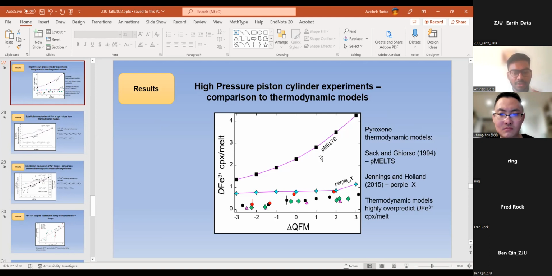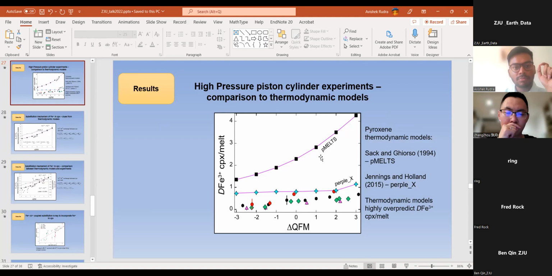Those pyroxenes are very rich in sodium and potassium. So it is based on experiments, but those are very old experiments. I'm not saying they're bad because they're old, but they're bad because they are pyroxenes which are highly zoned, highly sector zoned, and highly rich in alkalis. And not only that, the most important part is that the ferric iron content of those pyroxenes was measured with electron microprobe.